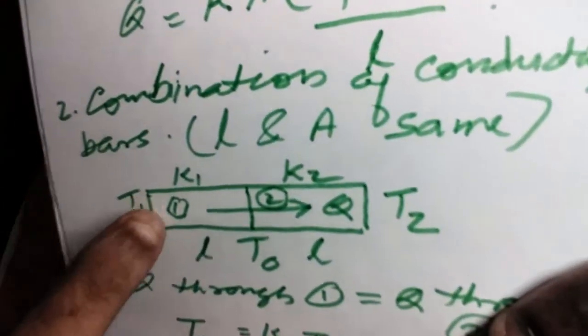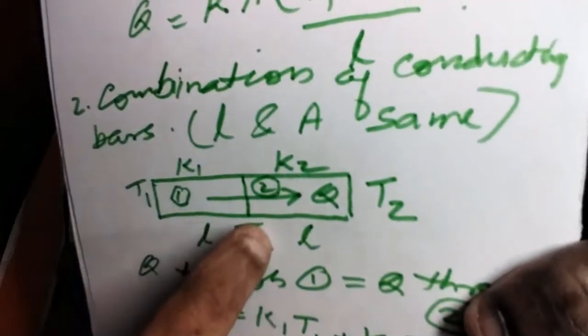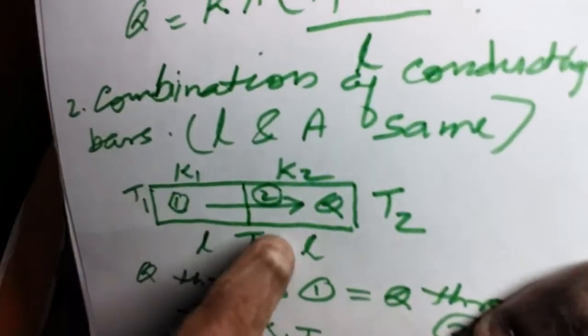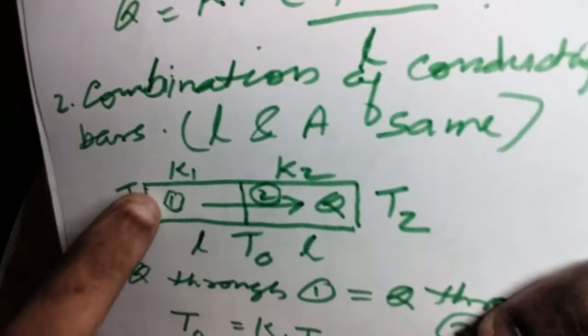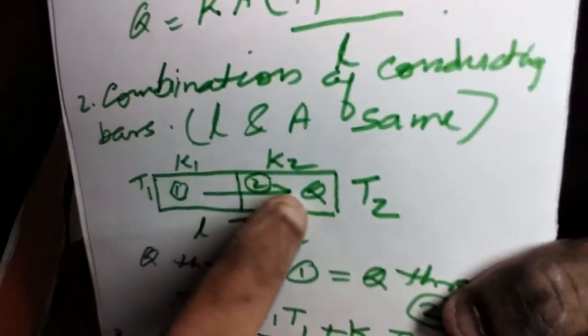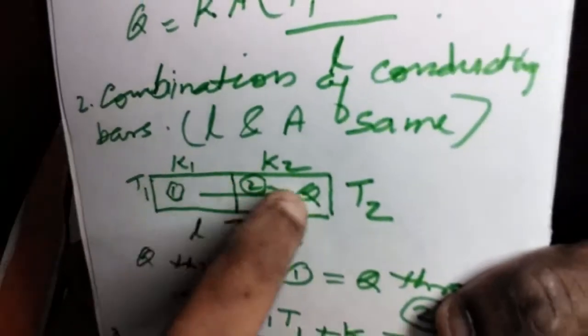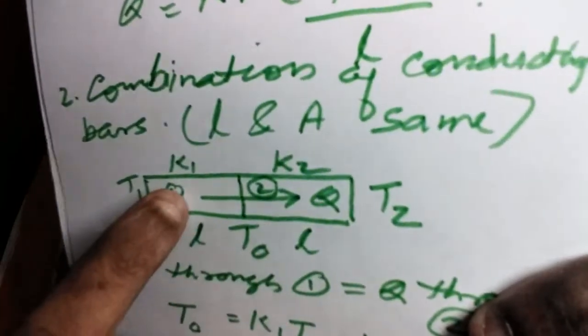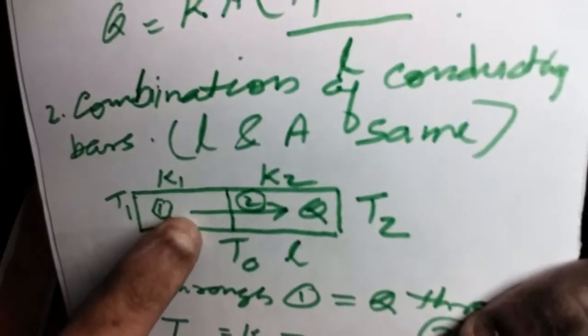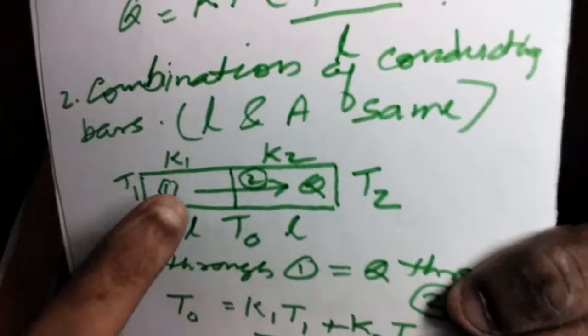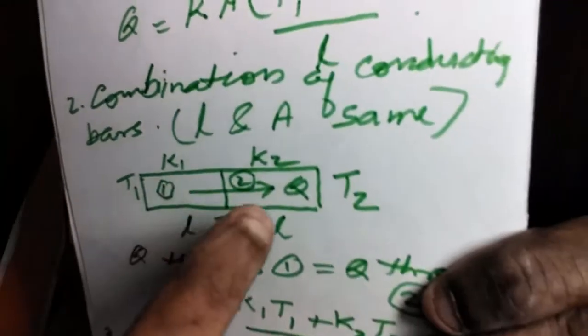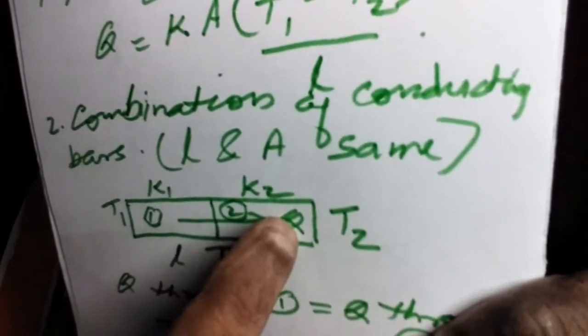T0 will be less than T1 and T0 will be greater than T2. Now heat conducts from this hot end to this cold end through the junction. Definitely at steady state, heat conducted by this block will be equal to heat conducted by this block.